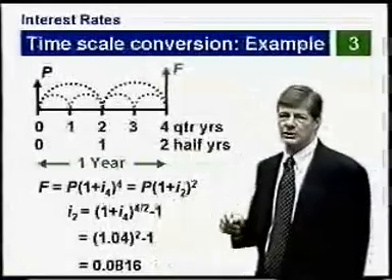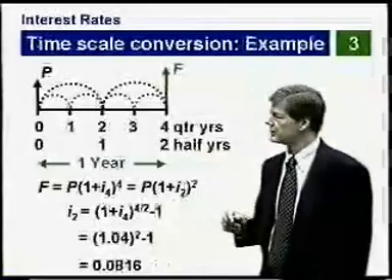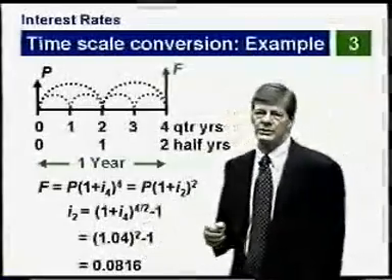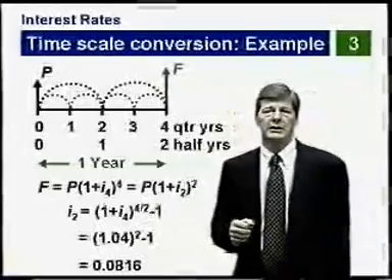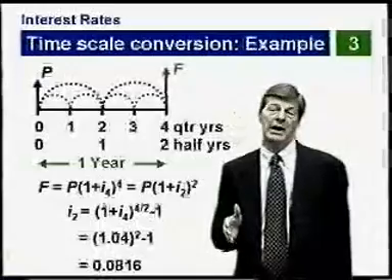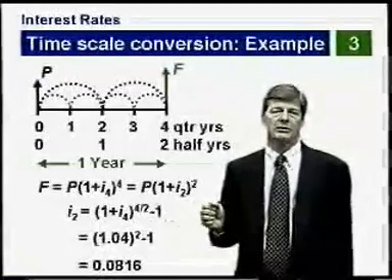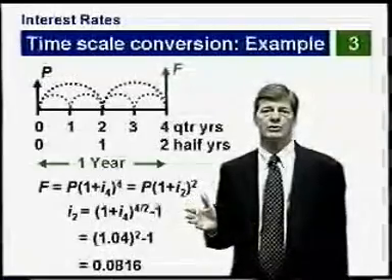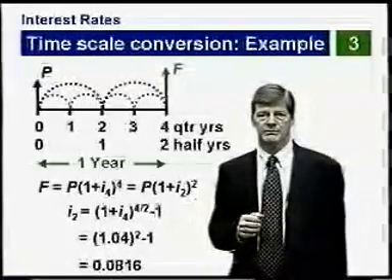So the semi-annual interest rate that's equivalent to 4% per quarter year is 8.16% per year. If I offered you 4% per quarter year or 8.16% semi-annually, you'd be indifferent. Those are equivalent interest rates.